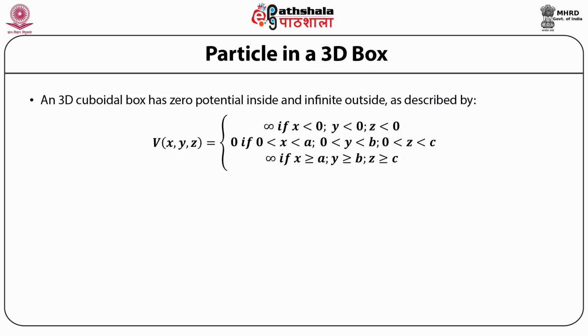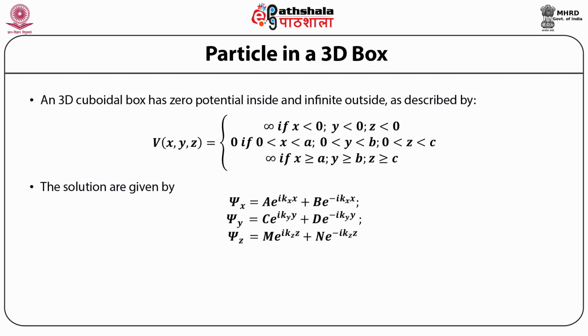Next equation is d square psi z by dz square plus kz square psi z equal to 0, where kx square equal to 2mEx by h cut square, ky square equal to 2mEy by h cut square, and kz square equal to 2mEz by h cut square.